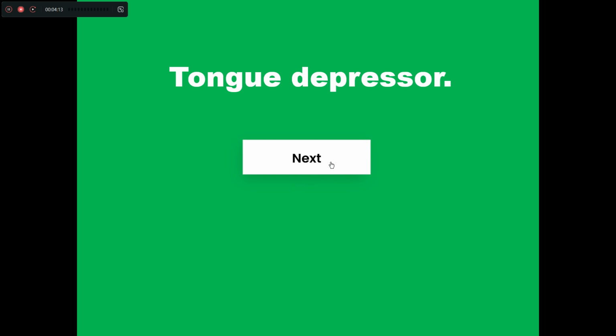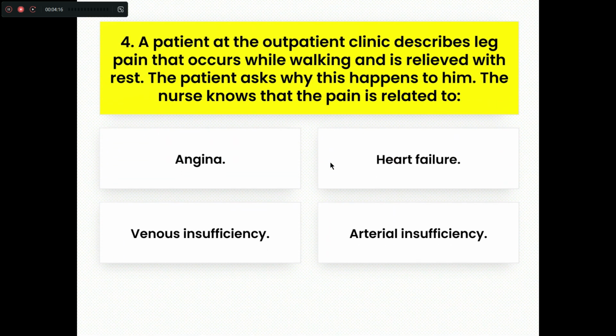Move on to question number 4. A patient at the outpatient clinic describes leg pain that occurs while walking and is relieved with rest. The patient asks why this happens to him. The nurse knows that pain is related to option A, angina, B, heart failure, C, venous insufficiency, and D, arterial insufficiency.